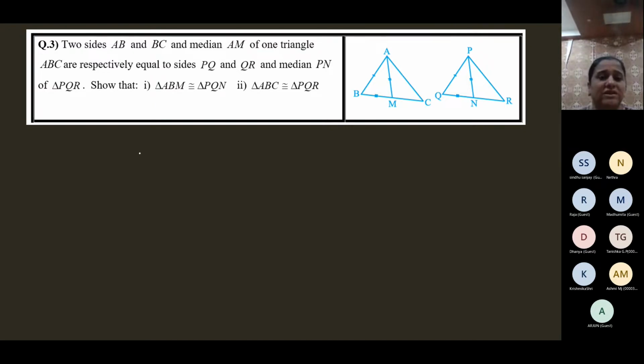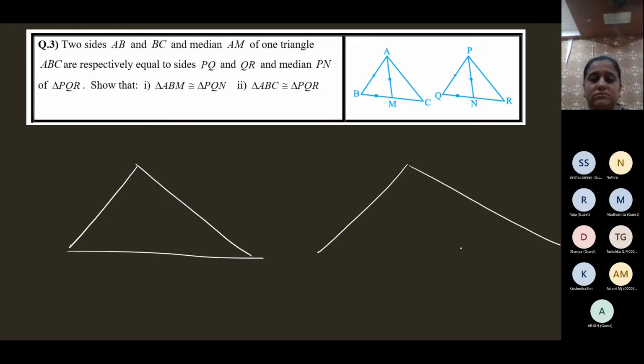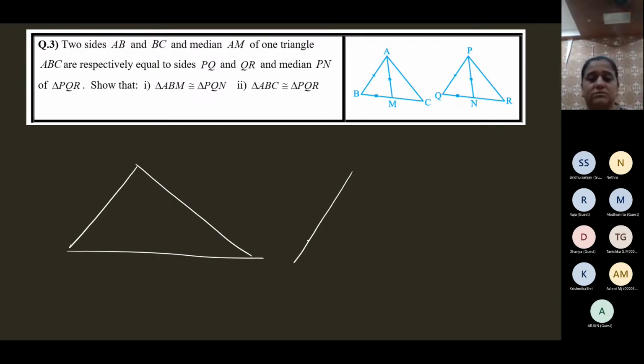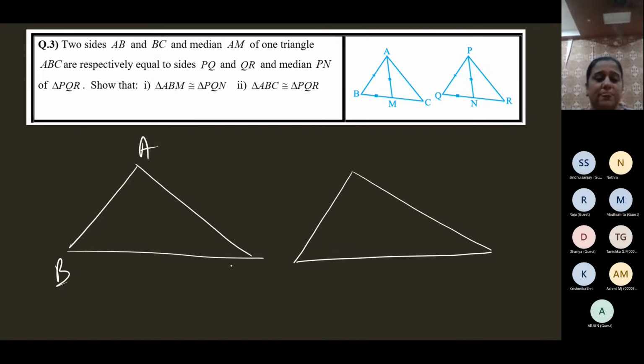So we have triangle ABC and triangle PQR. See what is given: two sides AB, BC, and the median AM of one triangle.